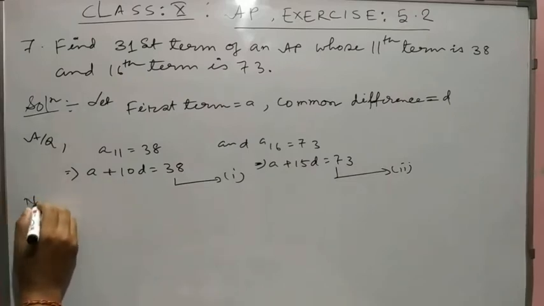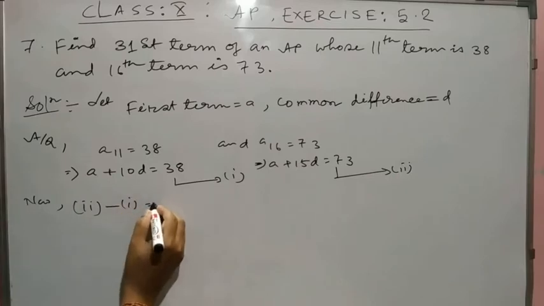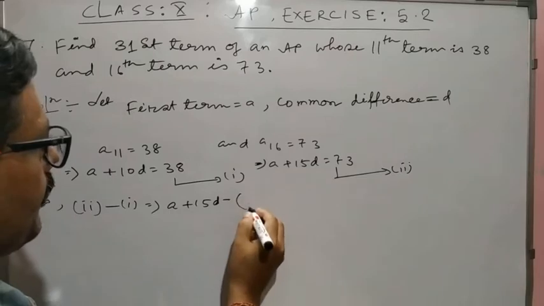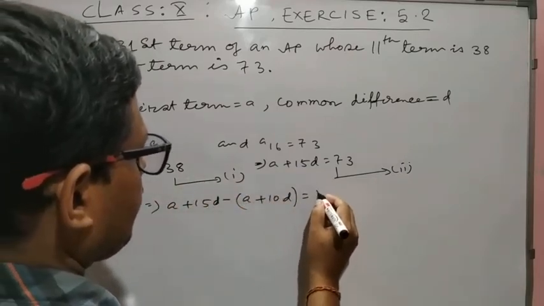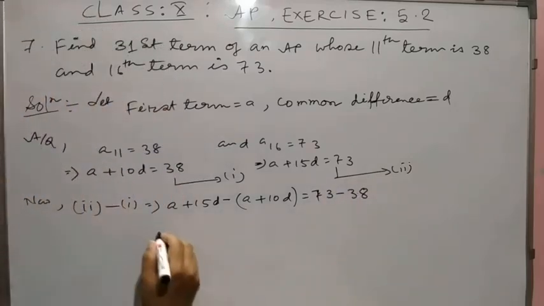To solve, let us subtract this from this. Now 2 minus 1 implies that (A plus 15D) minus (A plus 10D) equal to 73 minus 38.